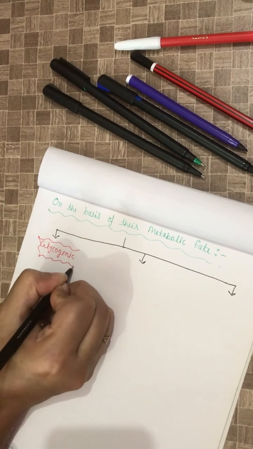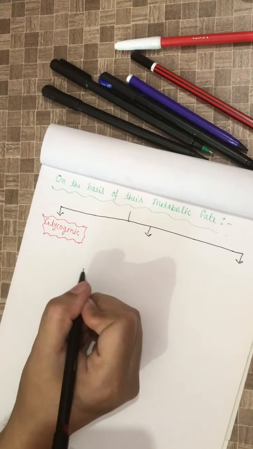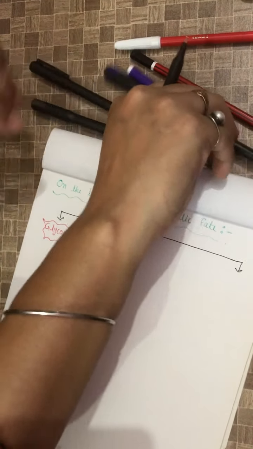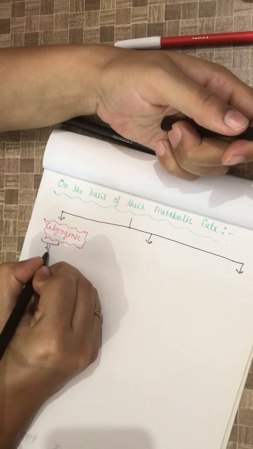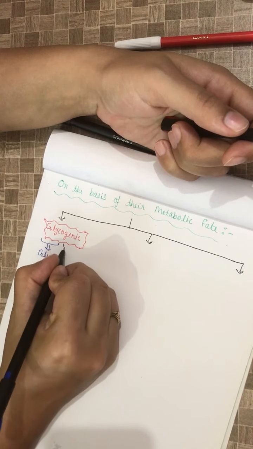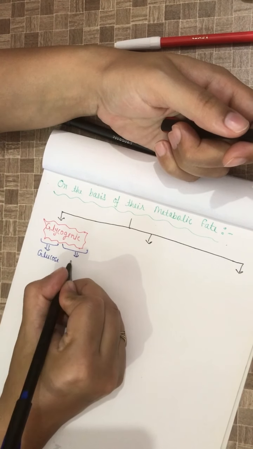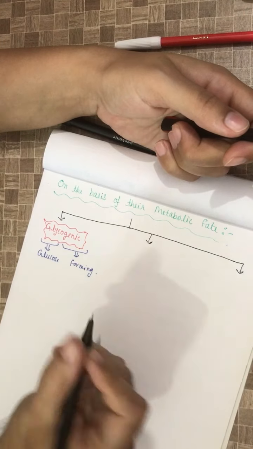As the name suggests, glyco is for glucose and genic means synthesizing or forming.